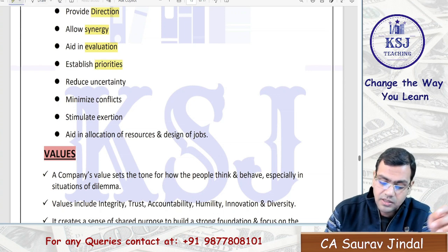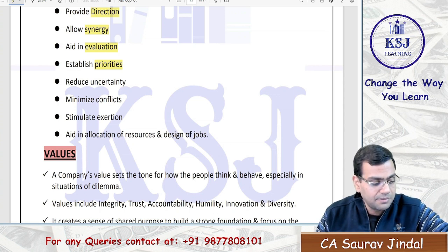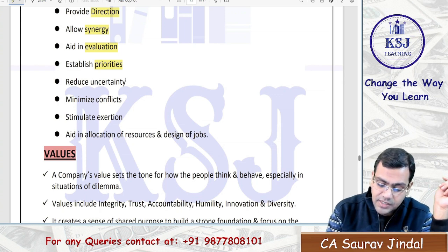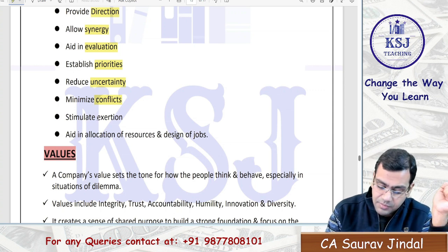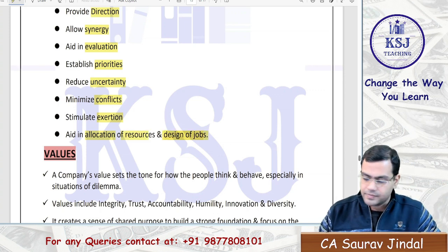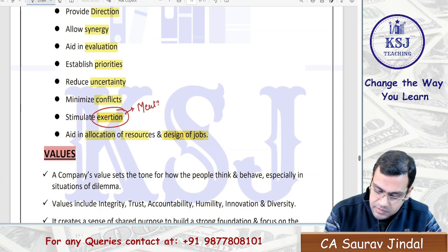If you make the objective that today I am going to do material costing, that is the important part rather than the other chapters, right? Then it reduces uncertainty and minimizes conflicts, because everything is clear, sir. It stimulates exertion, and aids in the allocation of resources and the design of jobs. This exertion is the mental or physical effort.